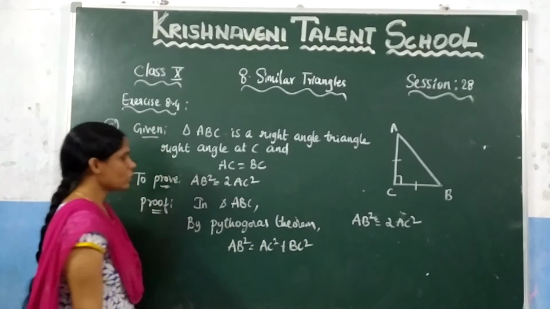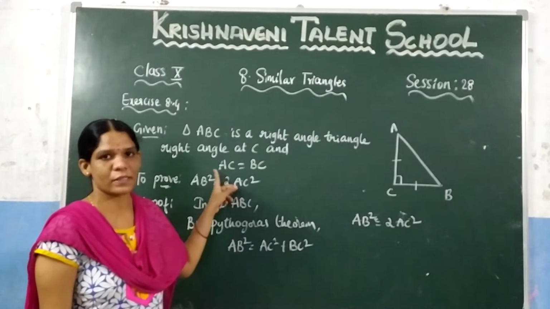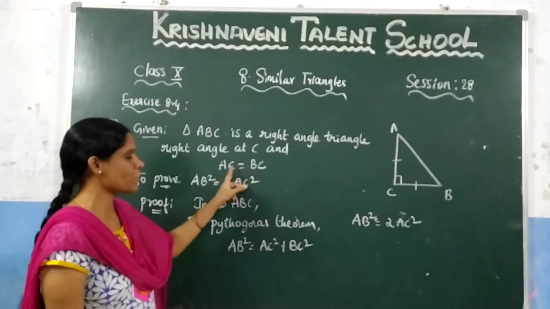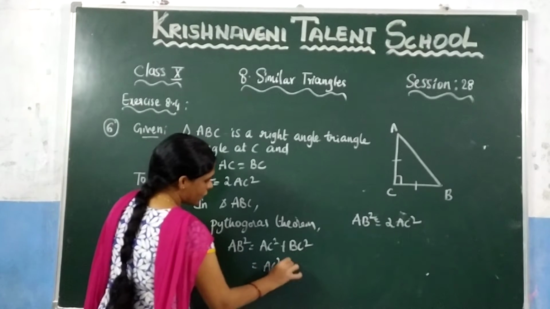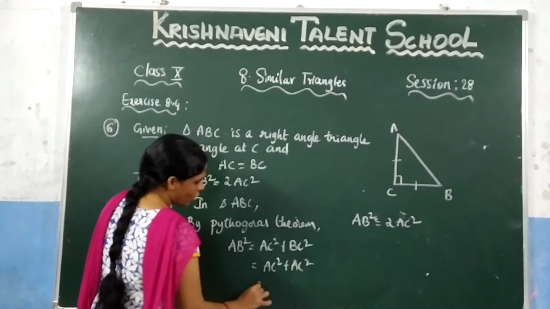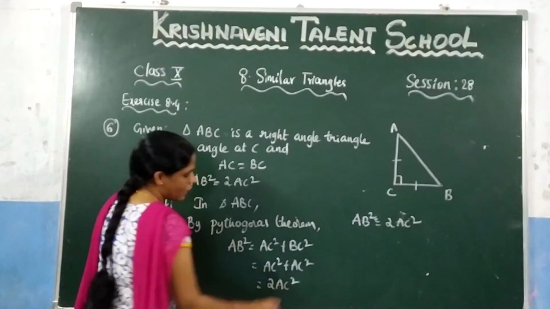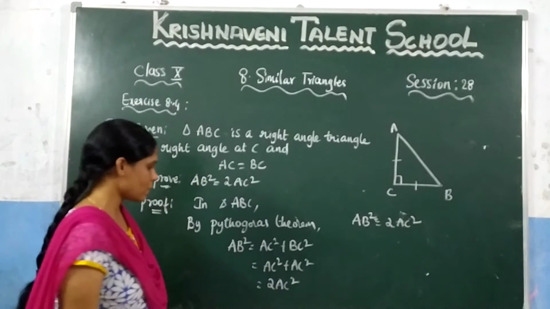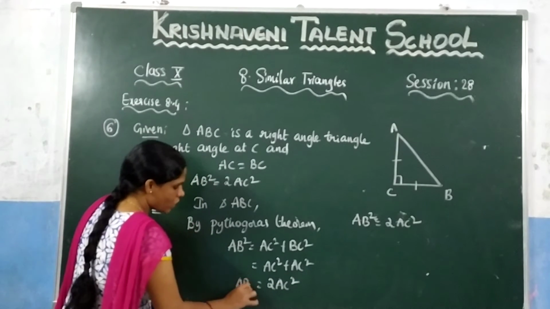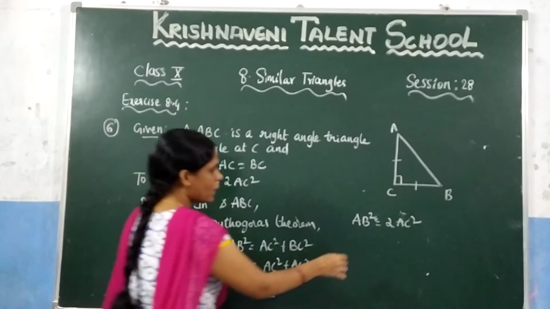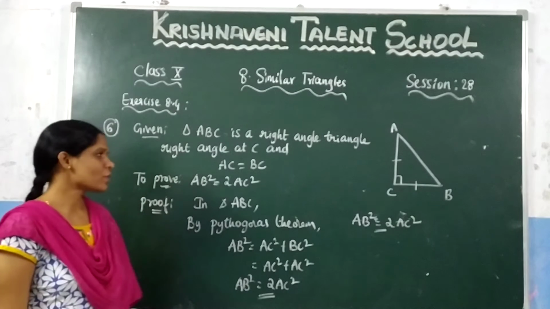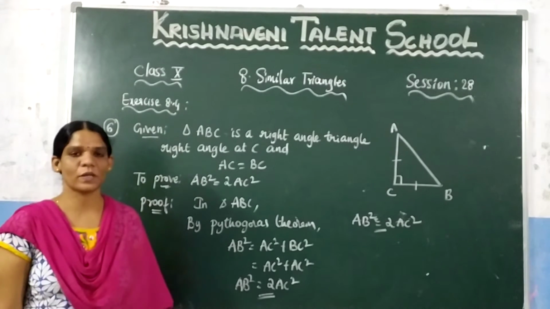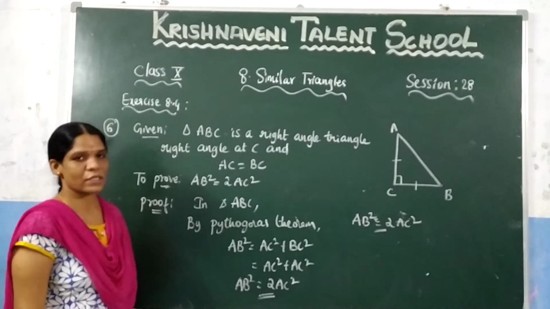But you know AC is nothing but BC. Both are equal. So in place of BC, you can write AC. So what you are getting here is AC square plus AC square, which is nothing but 2AC square. So what we needed to prove? AB square is equal to 2AC square. This is the problem. So it is very easy. This is a 2 marks question. Now let us go for the next question.